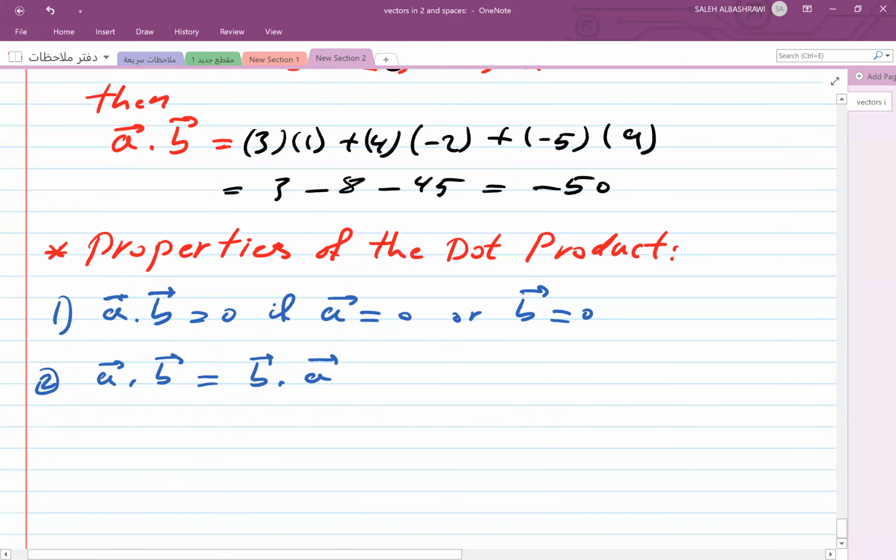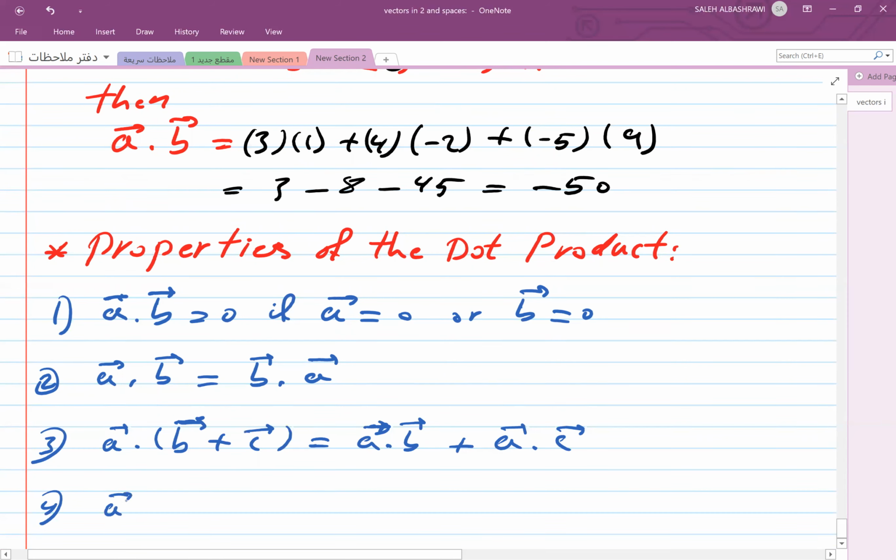Three, A dot B plus C equal to A dot B plus A dot C. Four, A dot kB equal to B dot kA equal to k multiplied by A dot B, where k is a scalar.